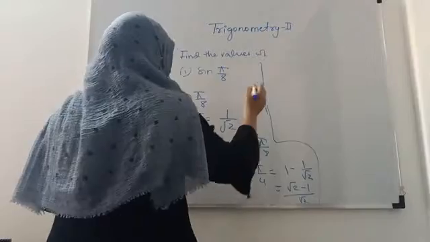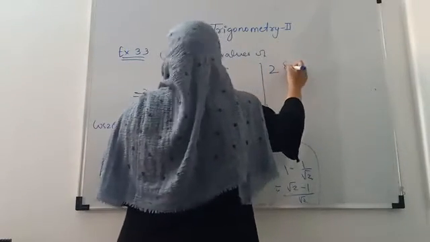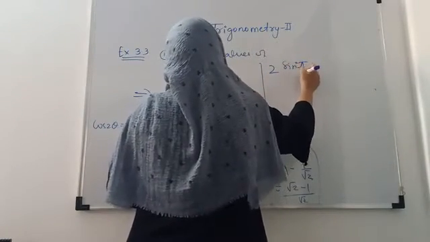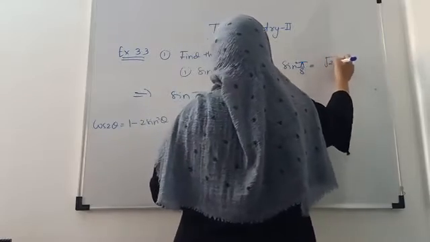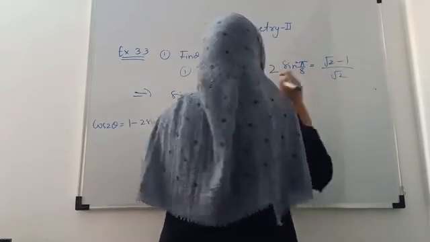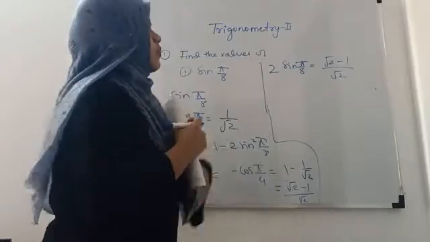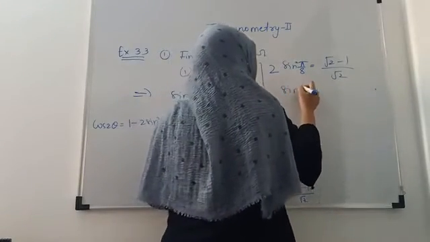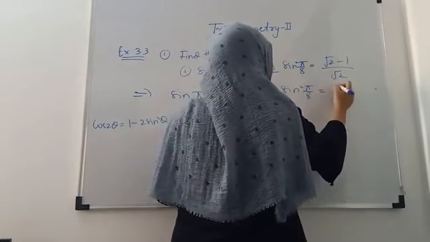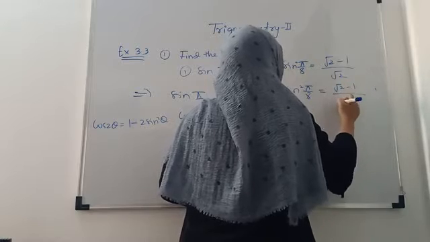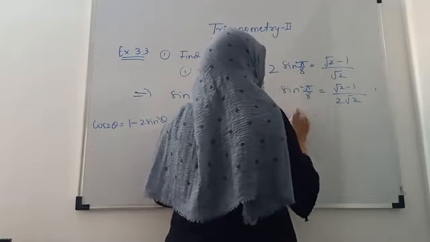So here 2 sine square pi upon 8 is equal to root 2 minus 1 upon root 2. Now shift this term over here. So it is sine square pi upon 8 is equal to root 2 minus 1 upon 2 root 2. Now take a square root.